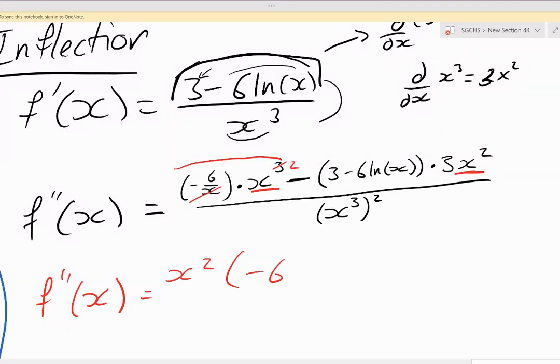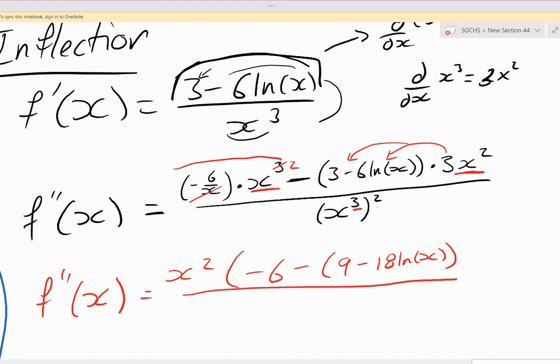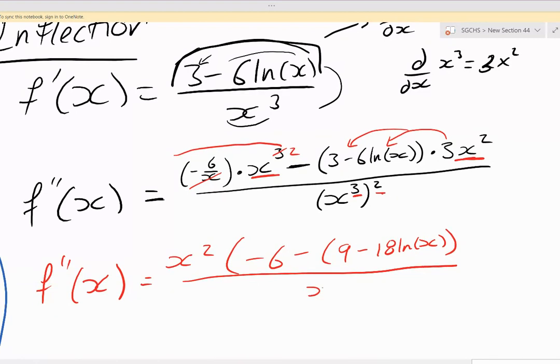I may as well apply my 3 inside here, so minus 9 minus 18 ln of x over, and remember, a power to a power, you multiply, x to the 6.